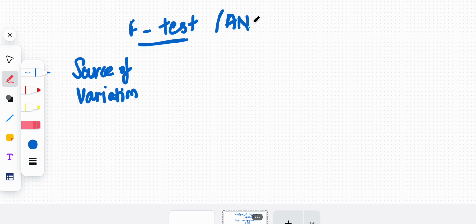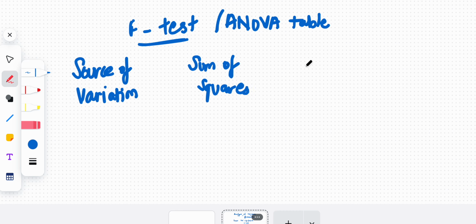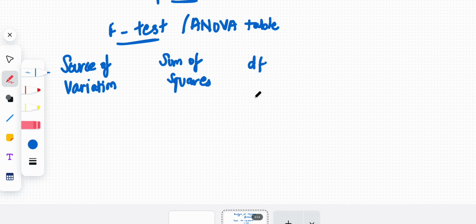First of all, source of variation, sum of squares, degrees of freedom, mean squares, and F. So first is explained.